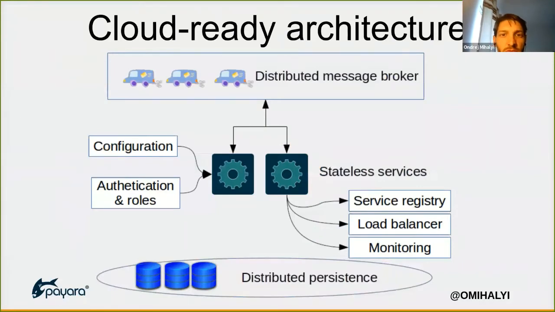So let's see what is maybe an ideal cloud architecture. This is how I see it, that every application should have something in mind, should be described with components like these.